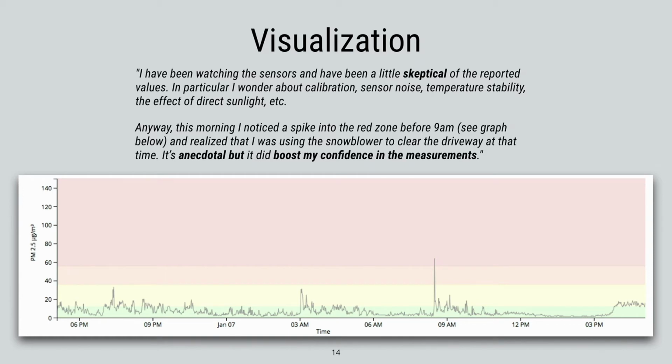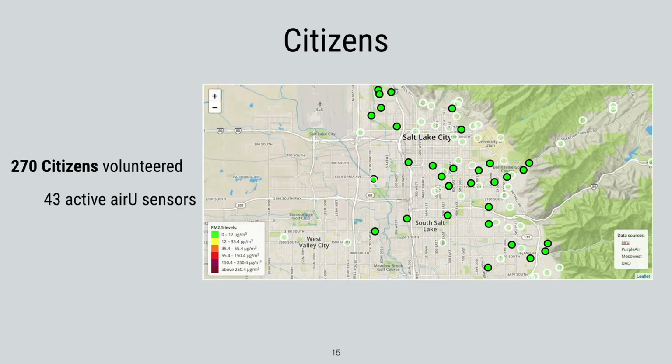In particular, I wonder about calibration, sensor noise, temperature stability, and the effect of direct sunlight. Anyways, this morning I noticed a spike into the red zone before 9 a.m. and I realized that I was using the snowblower to clear the driveway at that time. So this is anecdotal, but it did boost my confidence in the measurements.